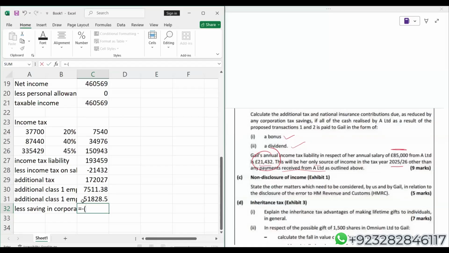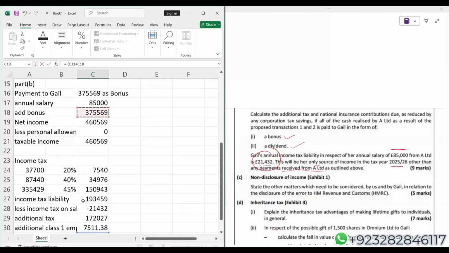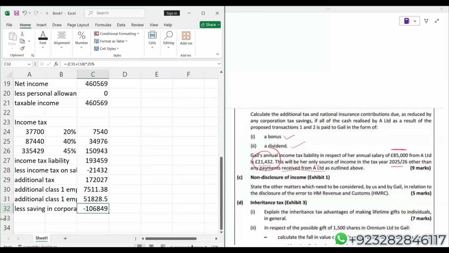We will be saving tax on this plus bonus is here. Bracket close, multiply by 25%. So the corporation tax saving is going to be 1 lakh 6,849.